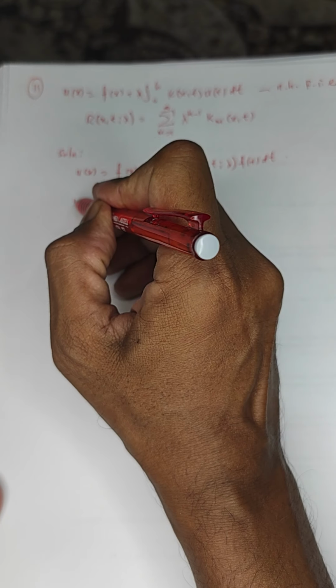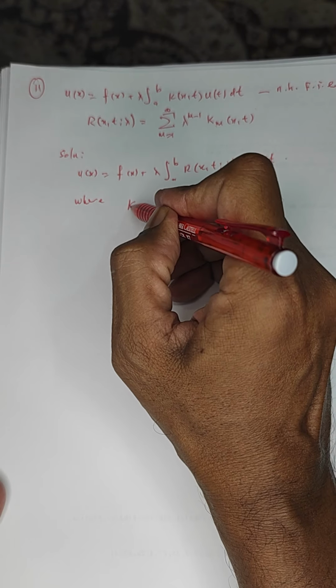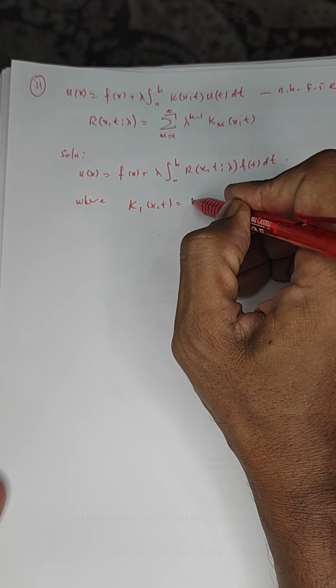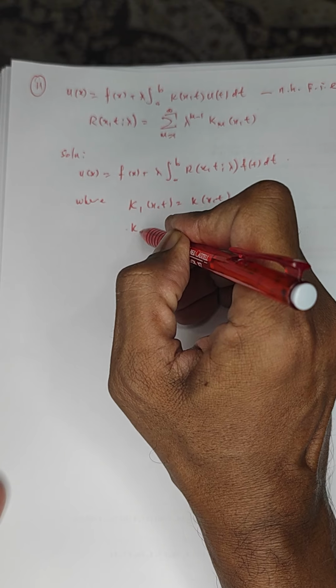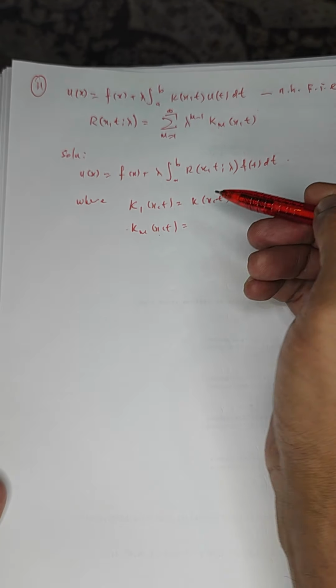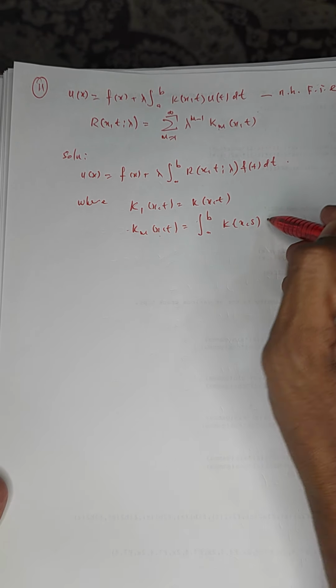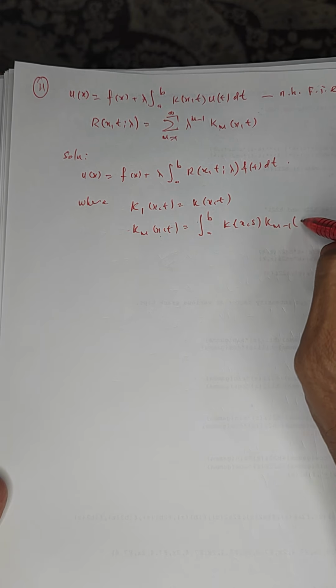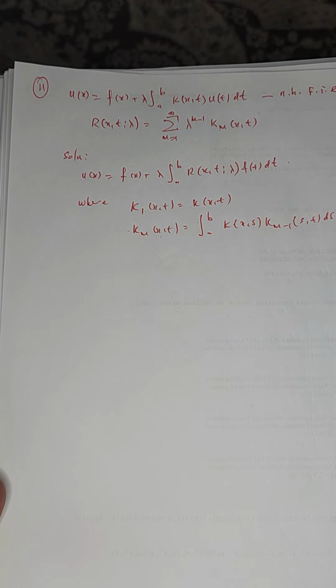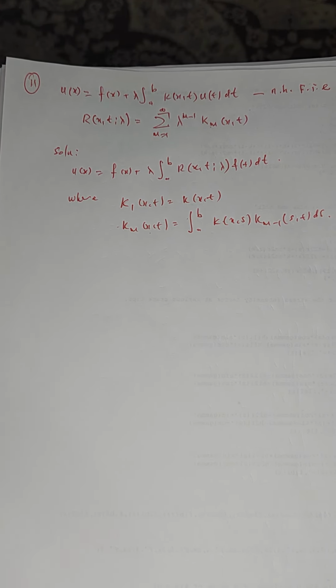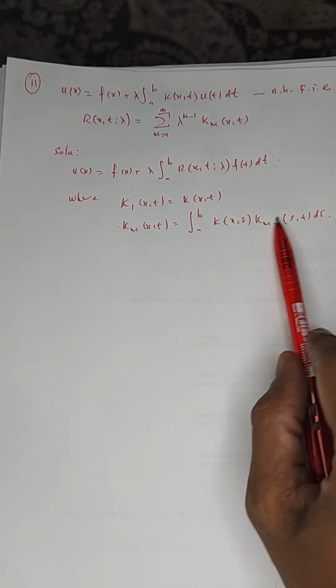We write K_1(x,t) as K(x,t), and K_m(x,t) we define as the integral from a to b of K(x,s) K_{m-1}(s,t) ds. So in order to solve the non-homogeneous Fredholm integral equation using the iterated kernel and the resolvent kernel, we need both. So let's see an example.